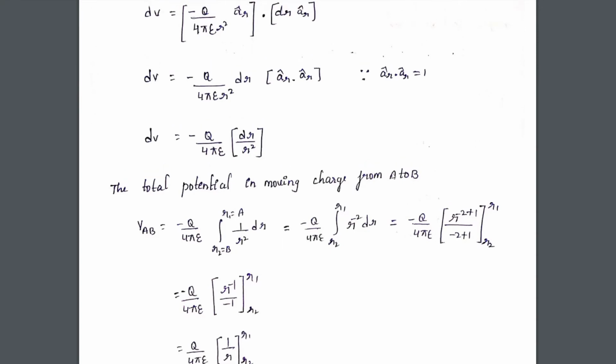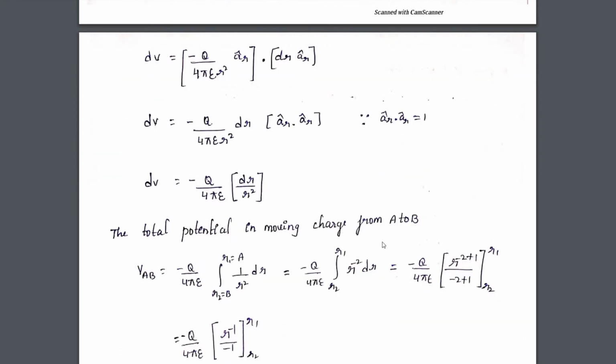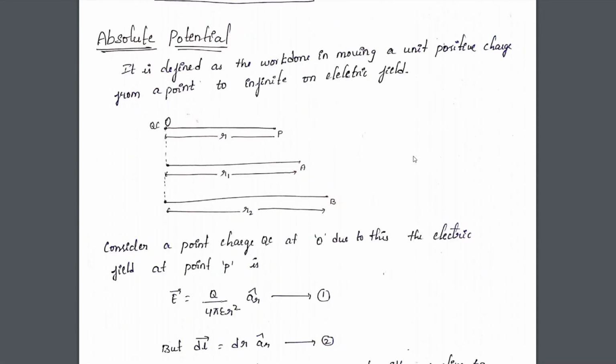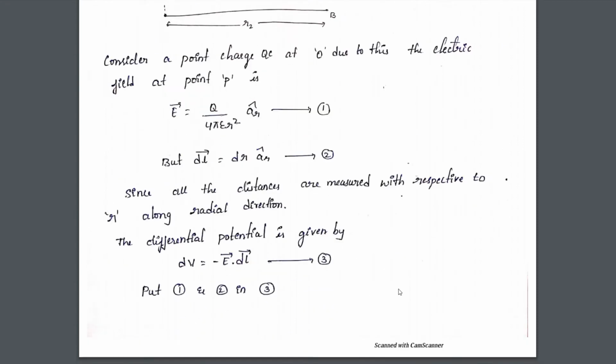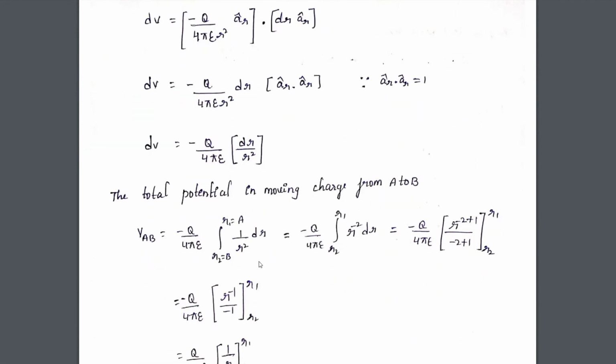After getting this differential potential, we need to find the total potential. So total potential means you need to integrate the above equation from A to B. Because in the figure you have considered here, O to A is R1 distance and O to B is R2. So A distance is R1, B distance is R2. So if you want the total potential, LHS becomes VAB and RHS you need to integrate now.